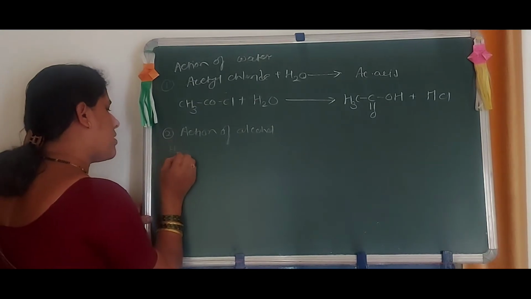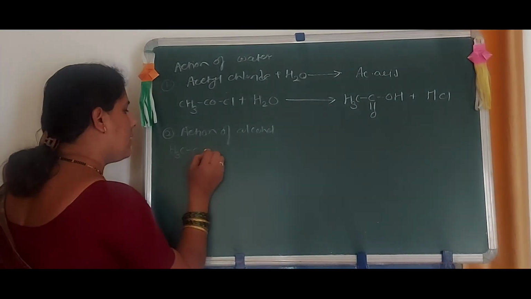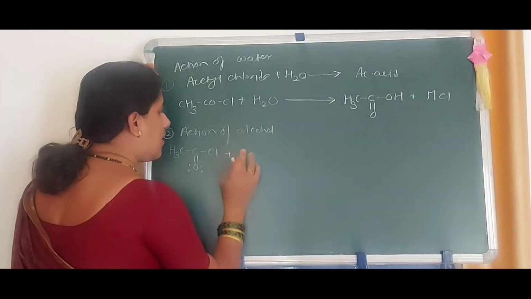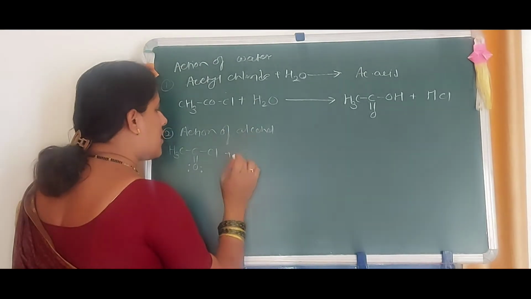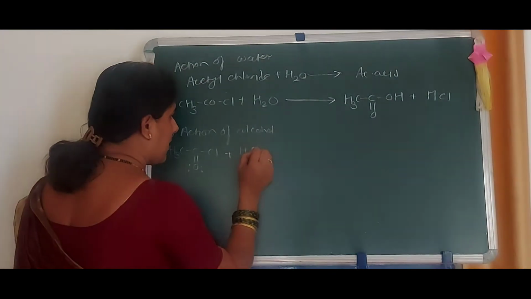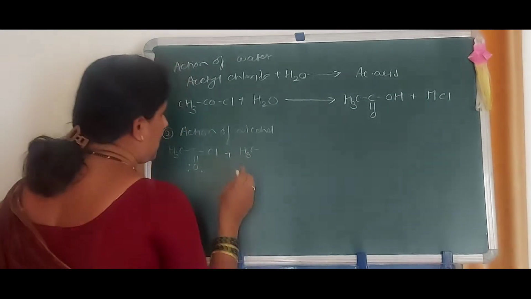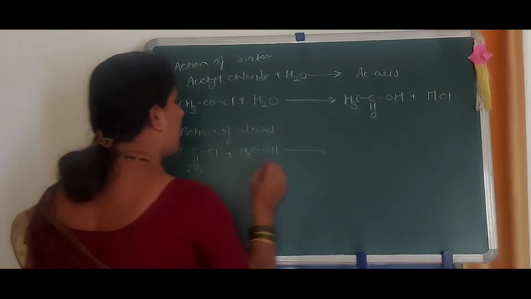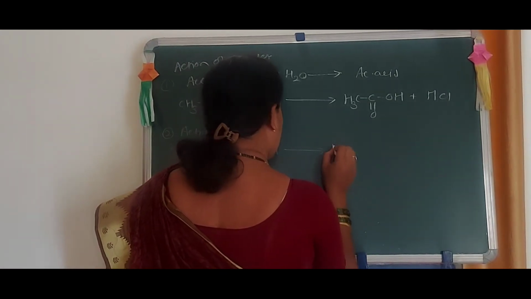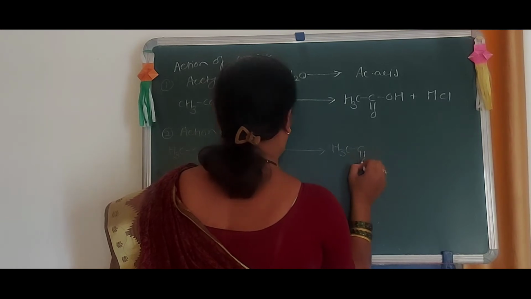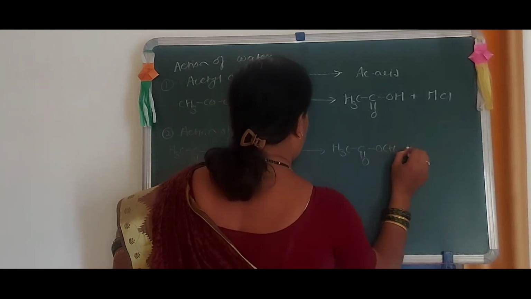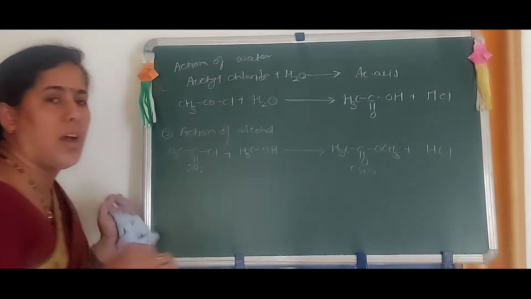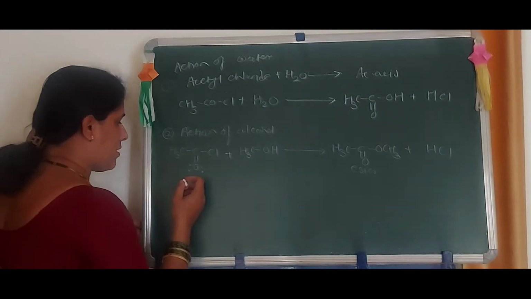See the reaction: CH3COCl plus alcohol, that is R dash OH, or CH3OH, gives CH3COOCH3 plus HCl. Now this is the formation of an ester. How is the ester formed here? See the mechanism here.